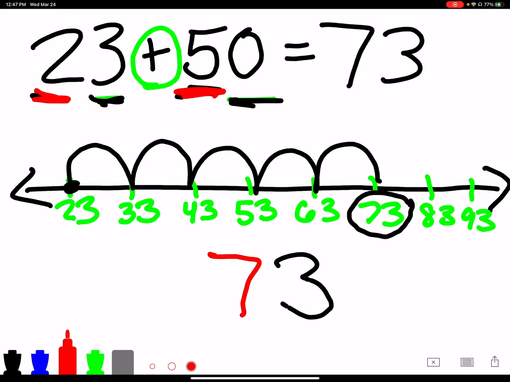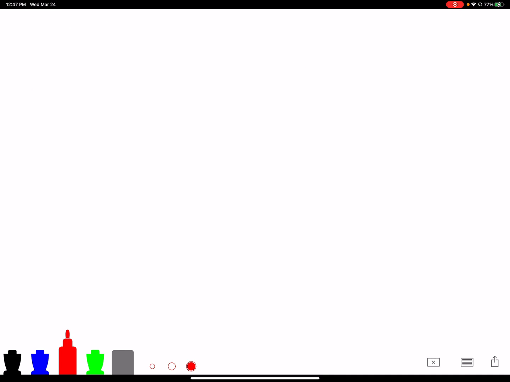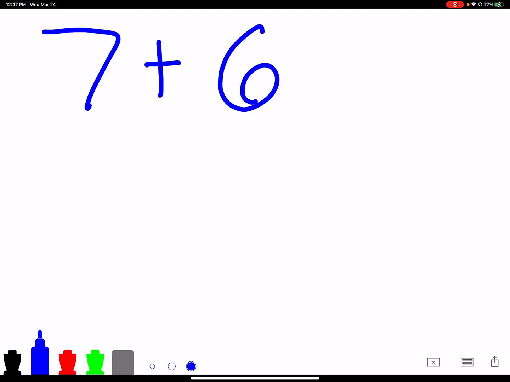But let's try another example where we can do a number model. So for this example, I'm going to do 7 plus 60. Looking at this example, when you're adding numbers that are really small, I would recommend doing the number model.